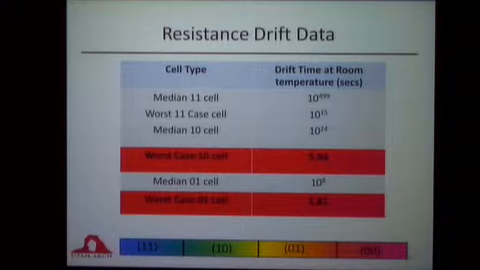The worst case 1-0 with the worst case initial programmed resistance can drift to the next bin, the 0-0 bin, in as little as 6 seconds, even less than that. The worst case 0-1 cell can drift into the next state in as little as almost 2 seconds. So the worst case scenario for the drift phenomenon looks really scary.